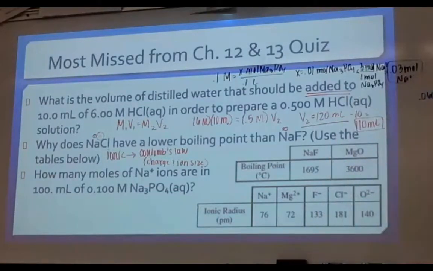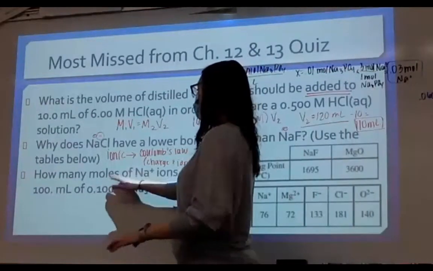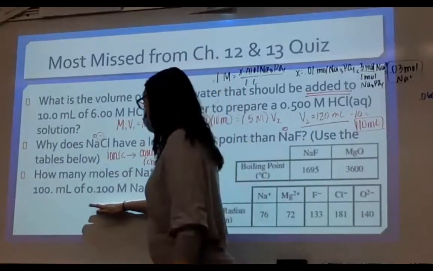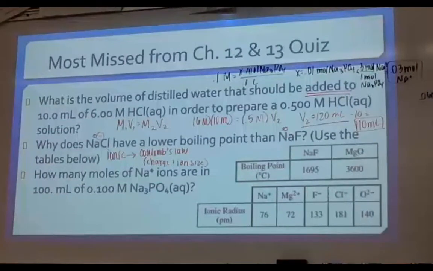So you just have to be careful and make sure that you're solving for the correct variable as well. I always would suggest if it wants moles of something else, start by using your information and solve for moles of what you would know. So in this case, solve for Na3PO4, and then you can use that ratio to find moles of something else.